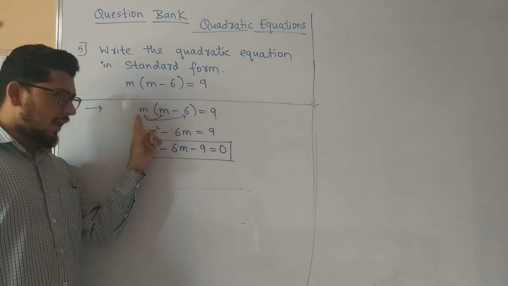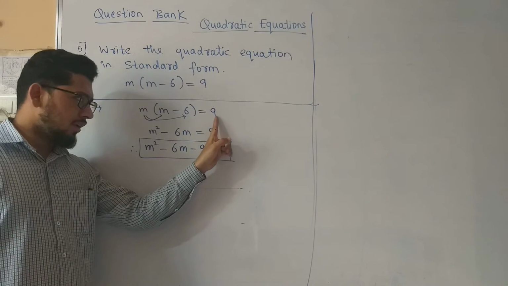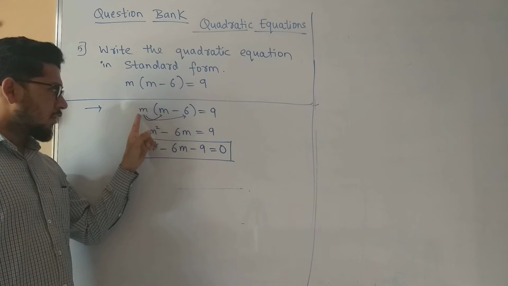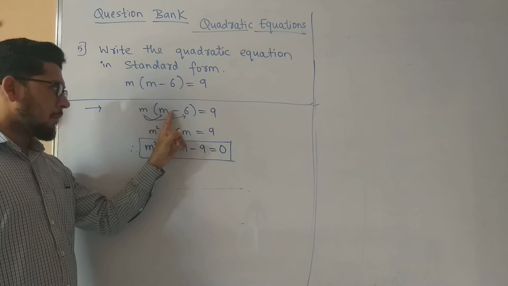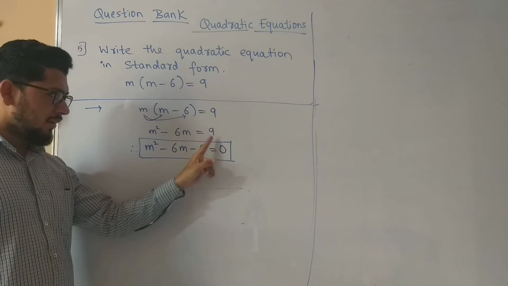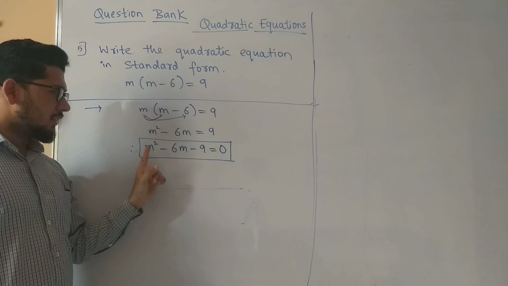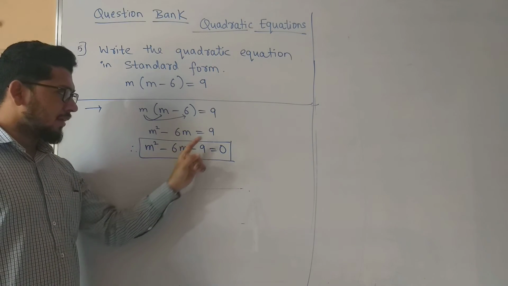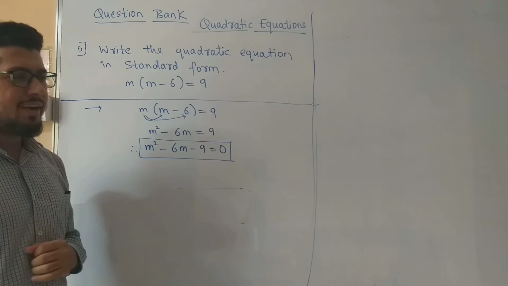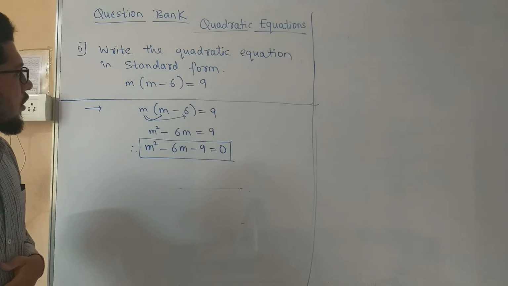The question is m into bracket m minus 6 equals 9. We multiply m inside the bracket, so m into m gives m square, and minus m into 6 gives 6m, equals 9. When you shift 9 here, it gives m square minus 6m minus 9 equal to 0. This is the standard form of the given quadratic equation.